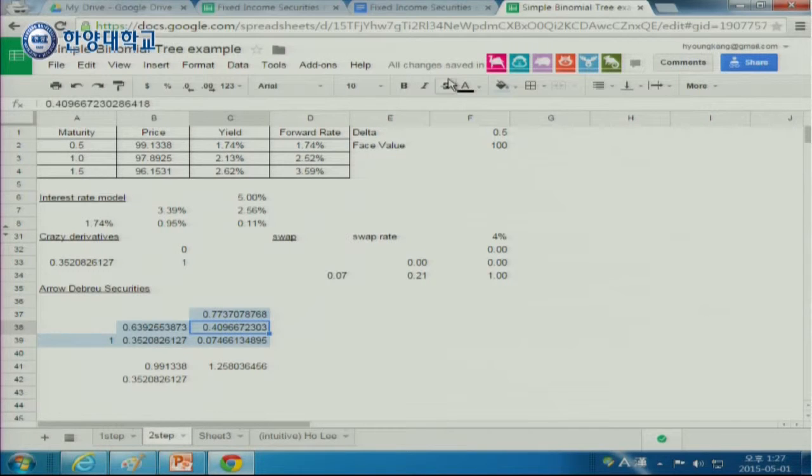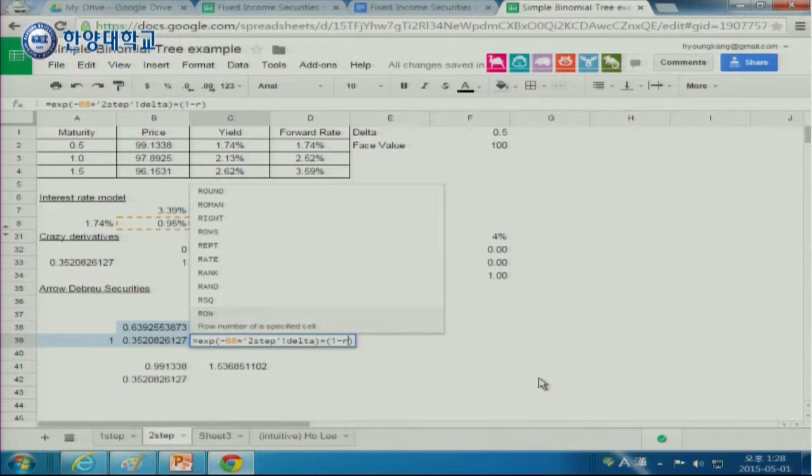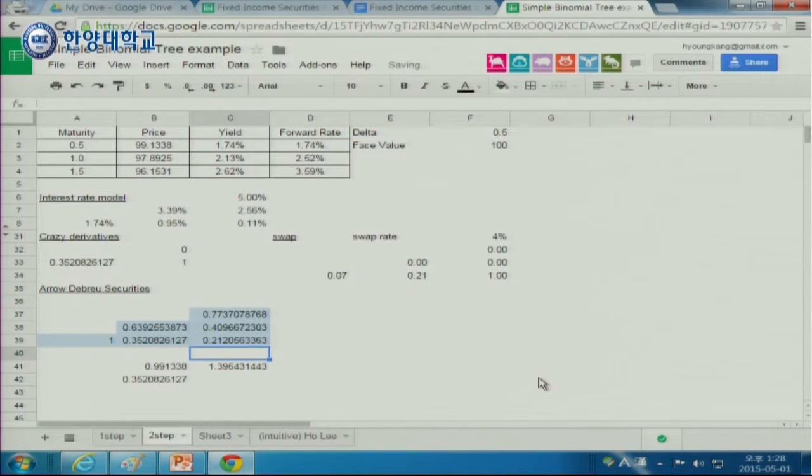And likewise, this one is very similar to this one, but now for the discount factor, in order to get $1 value over here, we have to use this discount rate. So yeah, copy and paste, then this discount rate is applied, but now instead of RMP, we have to use RP. Am I right?